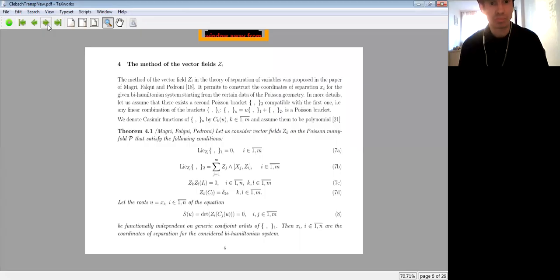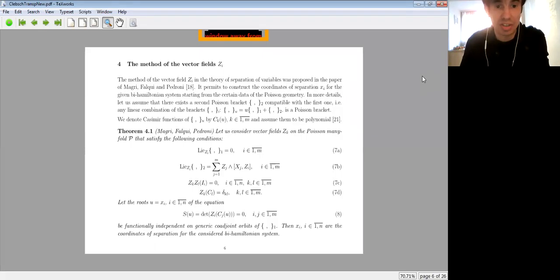So, first of all, the method of vector fields Z_k in the Hamiltonian approach of separation of variables. This method was proposed by Magri, Falqui, and Pedroni in 2001. And it permits us to construct the coordinates of separation xi for the given Hamiltonian system, starting from certain data of the Poisson geometry.